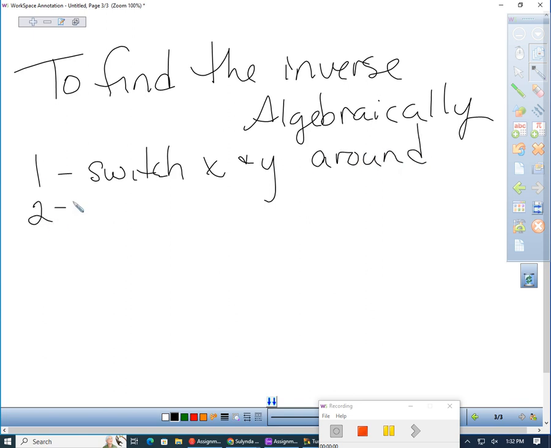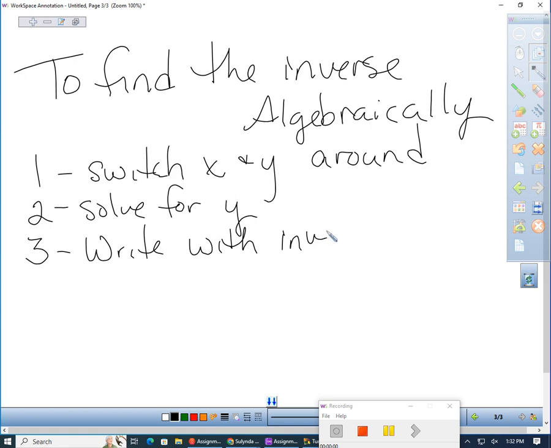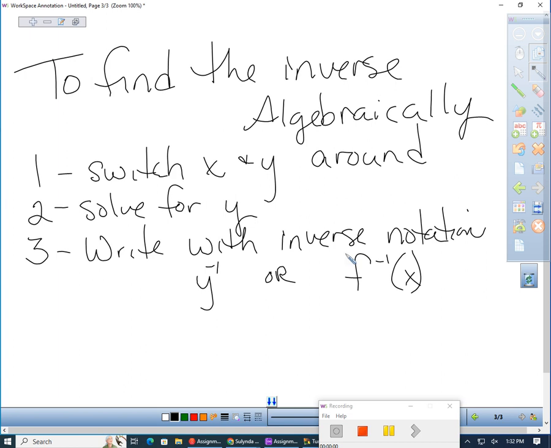Step 2, solve for y. Step 3, write with inverse notation. Inverse notation is either written as y with a little -1, or if it's in function notation, f with a little -1 of x. That means inverse.